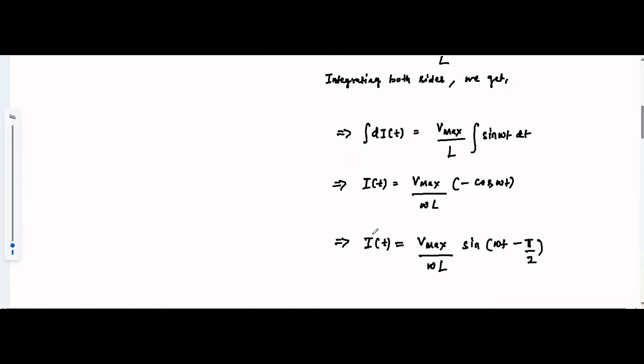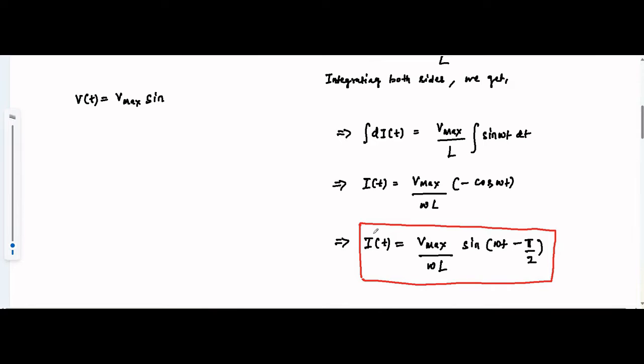So this is the expression of current, and the expression of voltage is v(t) is equal to Vmax sin omega t.